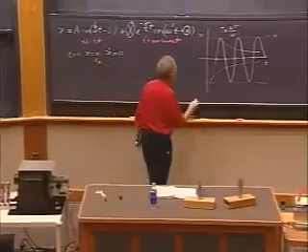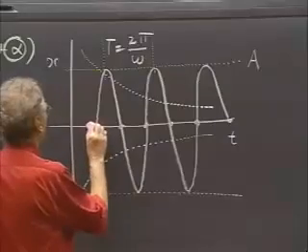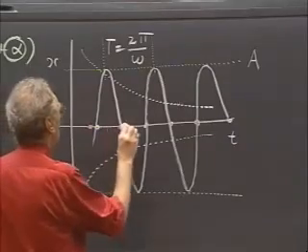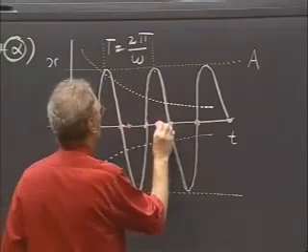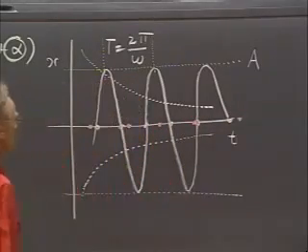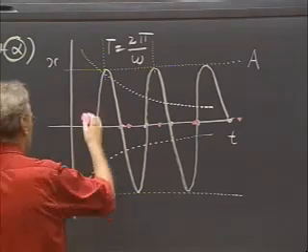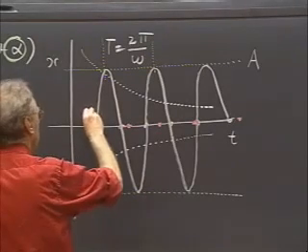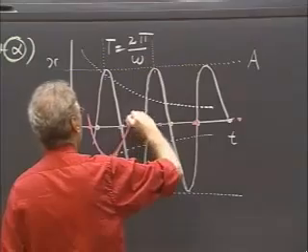And let's suppose that the zero crossings are here, and here, and here, and here, and here. And so, for instance, the curve that has to be added could be something like this.